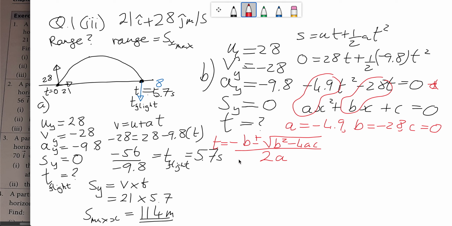Okay, so filling in those numbers, I see that t must equal, well, minus b is minus 28, so that actually becomes 28 plus or minus the square root of b squared, so b squared is 28 squared, and the square root of that you get 28 again. And this term here, of course, has a 0 in it, because c is 0, so that would disappear. And we divide all of that by 2 times a, that's 2 times minus 4.9.